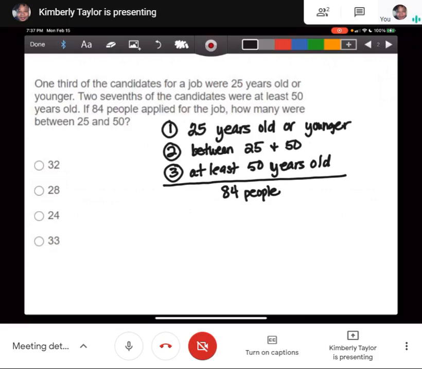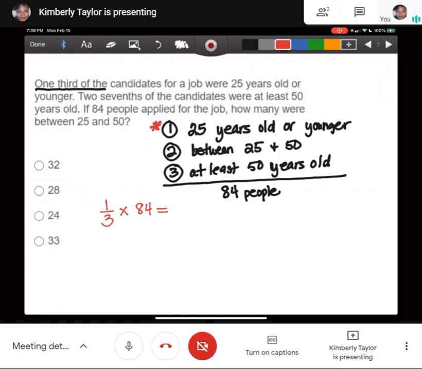So what they said about each group is that 1/3 of the candidates is 25 years or younger. So let's do this one first. So for this group, I'm going to say 1/3 times 84 people. And that's going to give me 28 people.